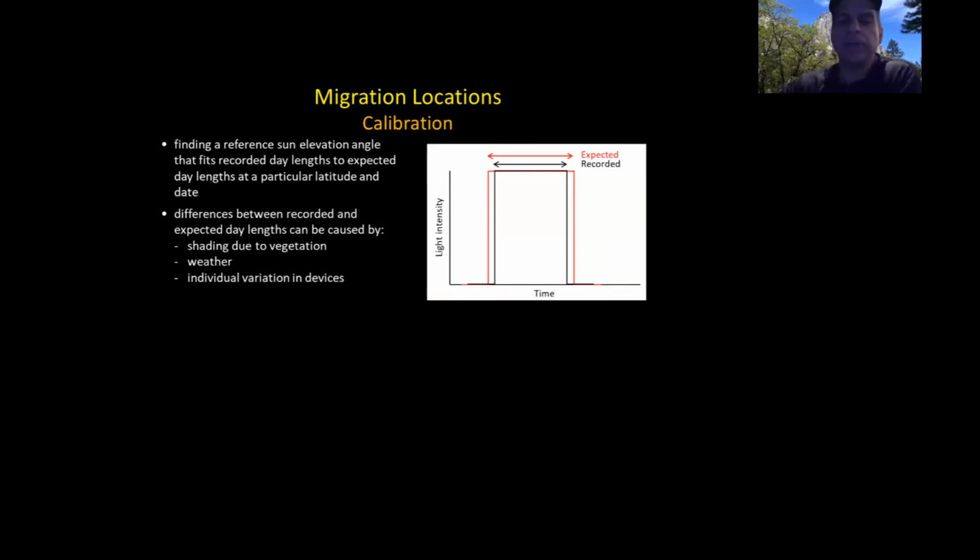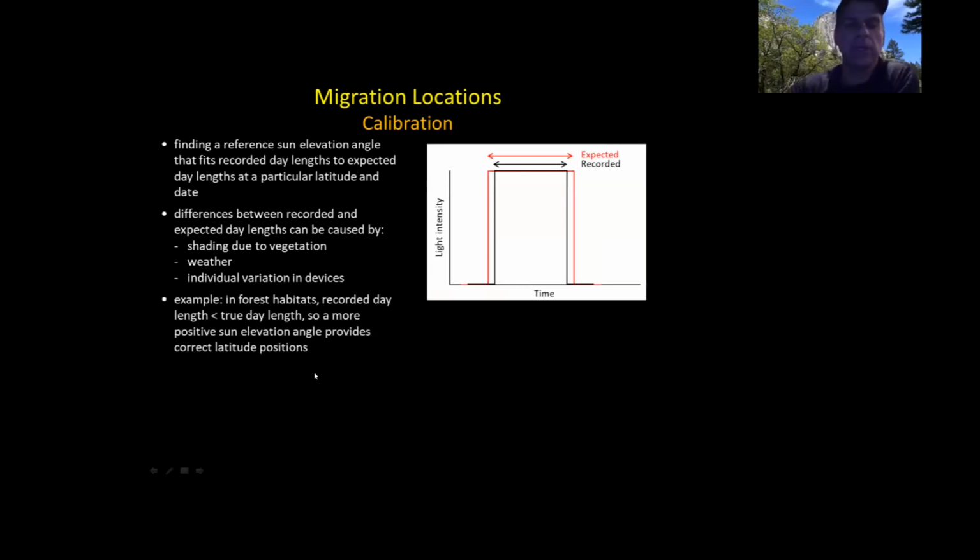For example, in a forested habitat, recorded day length may actually be less than true day length. So a more positive sun angle is needed to provide the correct latitude. In other words, the sun will have to be a little bit higher on the horizon before it appears that sunrise has occurred in the forest. So to calibrate our devices, we examine the sun elevation angles from the first 3 weeks after the geolocator was put on the bird.